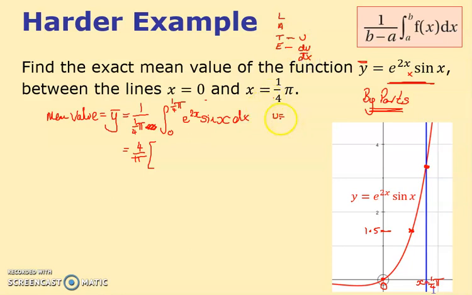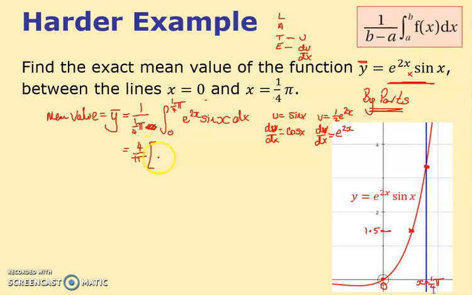So u in this example is sine, and therefore du by dx is the differential of that, which is cos x. And then I have a v and a dv by dx. That's a v on this, and that's definitely a u. This one is the e to the 2x, and I integrate that and I get a half e to the 2x.